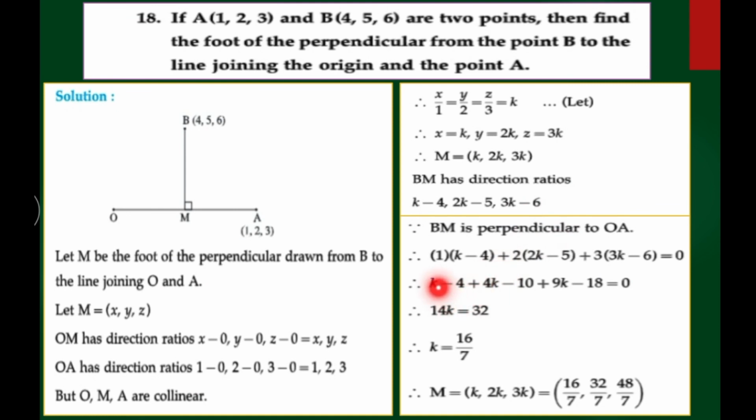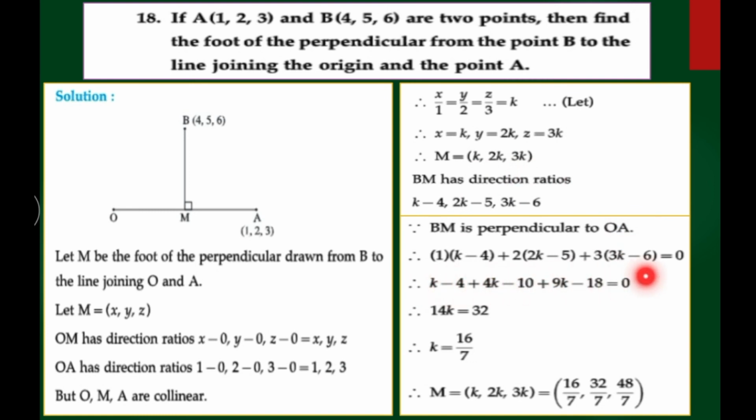That means here the value of A1 is 1, B1 is 2, C1 is 3, and the value of A2 is k minus 4, B2 is 2k minus 5 and C2 is 3k minus 6.